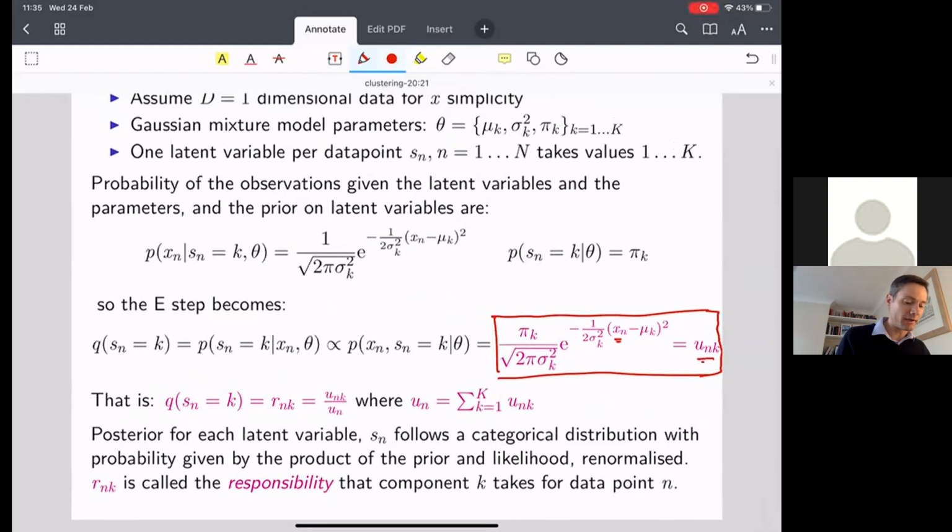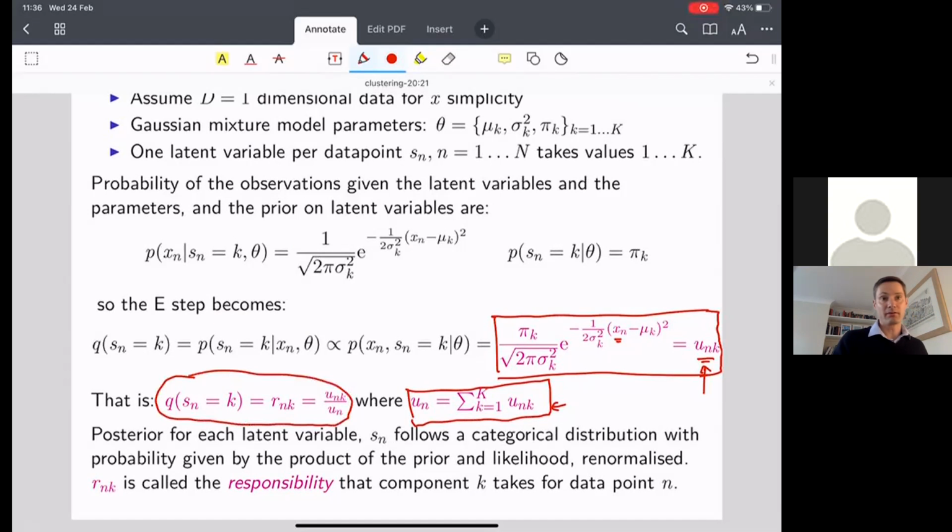That gives you the unnormalized posterior probabilities UNK. You compute the normalizing constant by summing over K. So this would be a matrix, and then this would just be a vector. And then you renormalize in order to get the actual probabilities.